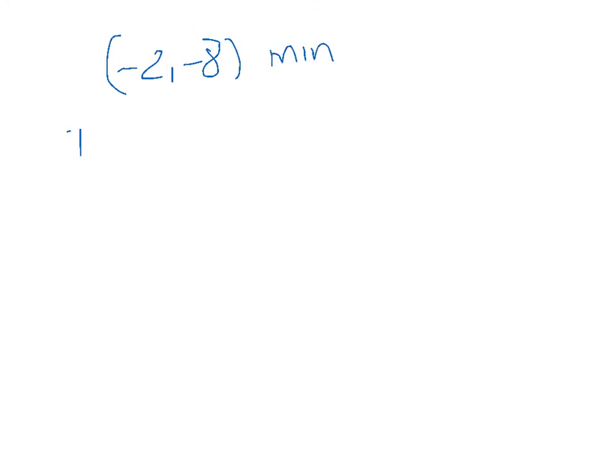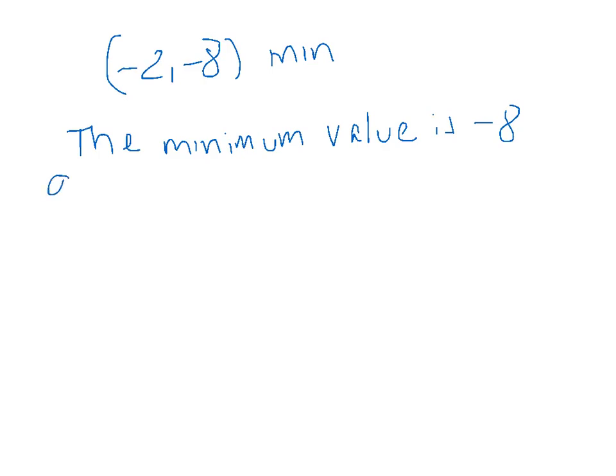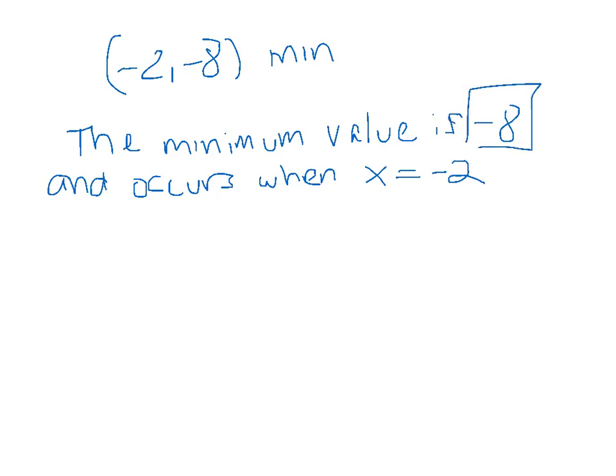So we're going to say the minimum value is negative 8, because the minimum value, the lowest point y value on that graph, is negative 8, and occurs when x equals negative 2. So the minimum value is negative 8. It occurs when x is negative 2, because we have the point negative 2, negative 8.